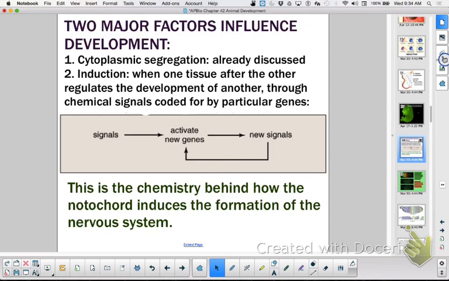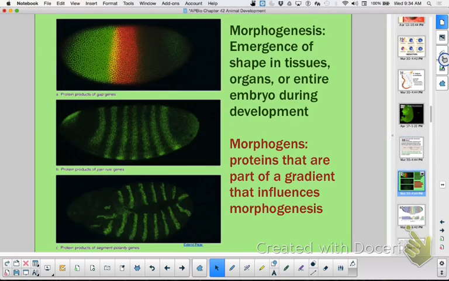Those genes then, when transcribed and translated, make another protein, which then activates other genes, which then activates another one, and so on and so on. They can be in a gradient as they go down through the organism, and ultimately this causes segmentation. Okay, blue, you explain morphogenesis, and slate, you say what a morphogen is. Differentiate between those two. Go ahead.